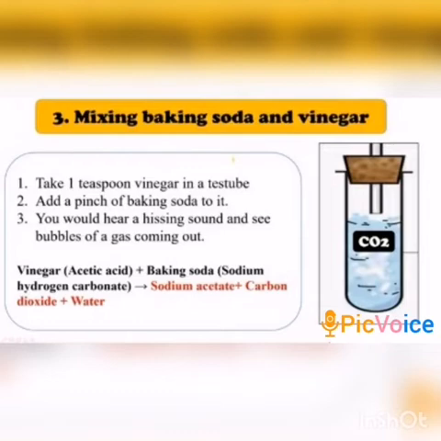In this chemical equation, there are just the names of the chemicals. What are the reactants, children? Vinegar and baking soda. Vinegar contains acetic acid, plus baking soda contains sodium hydrogen carbonate. So, what are the products here? Sodium acetate plus carbon dioxide plus water. These are the products: sodium acetate, carbon dioxide and water.